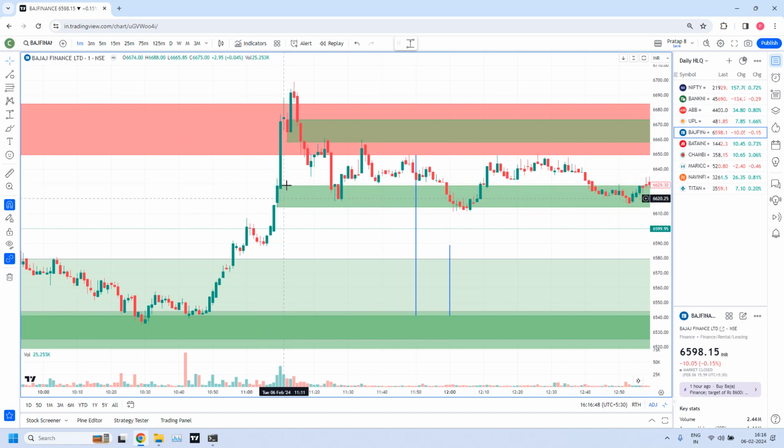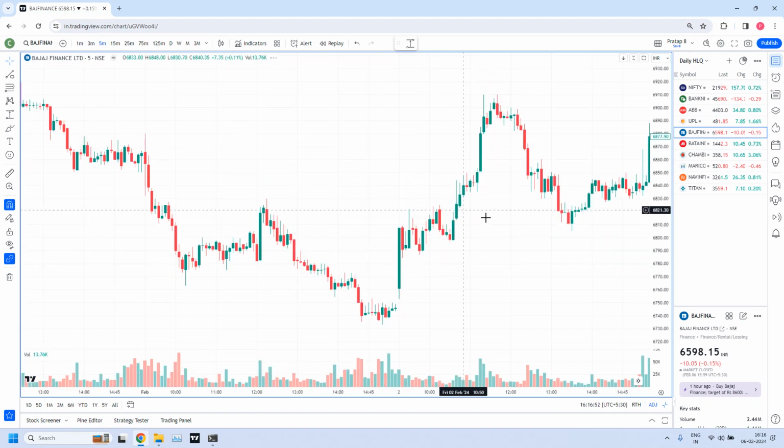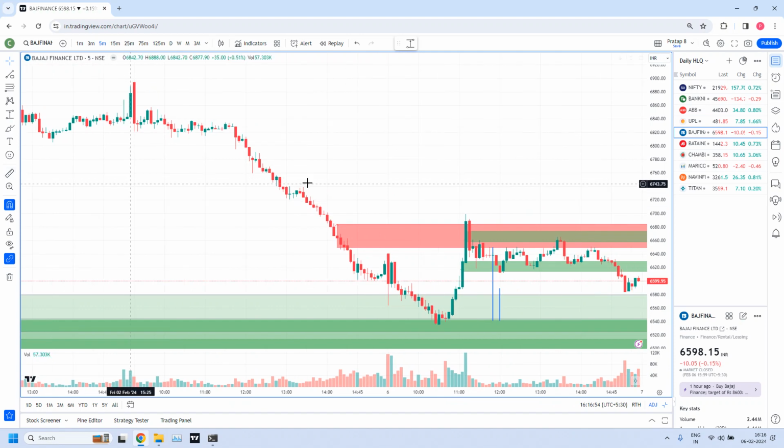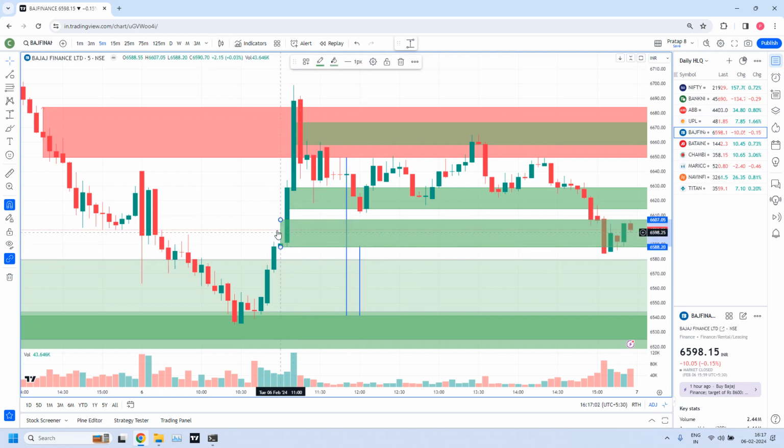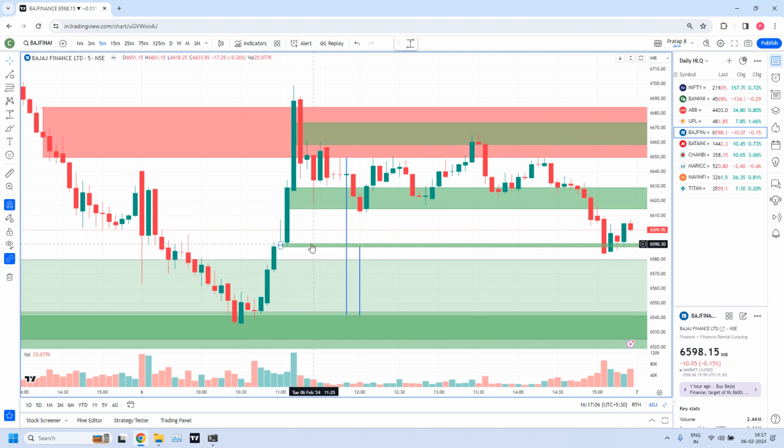And this 1-minute zone is near to the target zone. But if you are looking at 5 minutes, your 5-minute zone is supposed to be here. This is the one. Anyway, the entry is not important here. So see the range difference between this 5-minute zone and your 1-minute target.